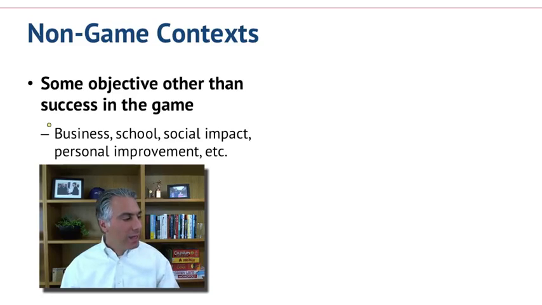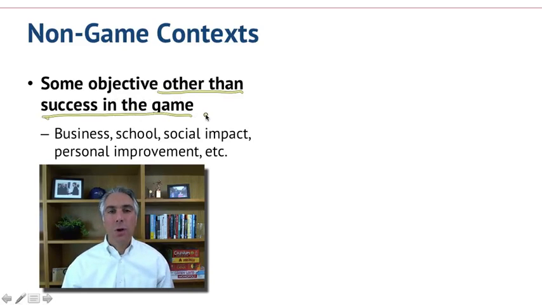The third piece here is non-game context. And here we mean anything other than the game for its own sake. So when you're playing a game, you're playing to have fun in the game. But if you are playing, say, for reasons that relate to your business, you're playing because you're serving some objective of your company, or you're playing because you're trying to learn something that's relevant to your work, or you're playing to get a job, then that's a non-game context.